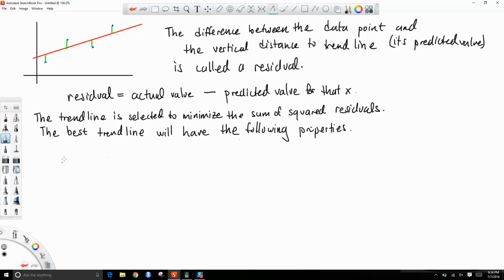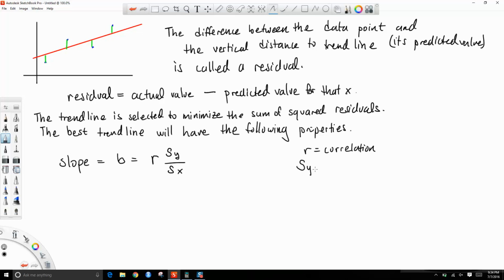The best trend line will have the following properties. The slope, b, will be equal to r. What's r? R is the correlation. It will be equal to r times Sy divided by Sx. What is S? S is the standard deviation.